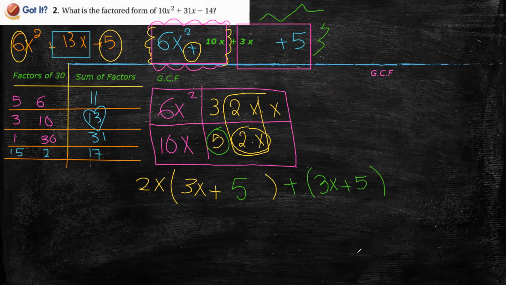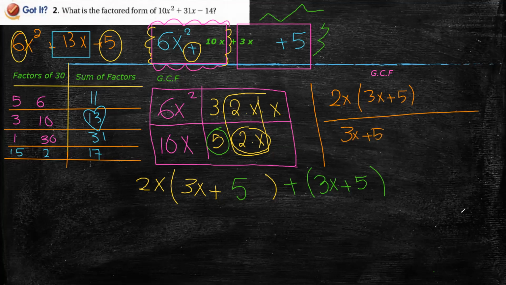The 2x with 3x plus 5. By the way, this is 2 times x times 3x plus 5. Don't factorize the 3x plus 5. Keep it as it is. And down you have 3x plus 5. I took these two monomials. This one I wrote here, and this one I wrote here.